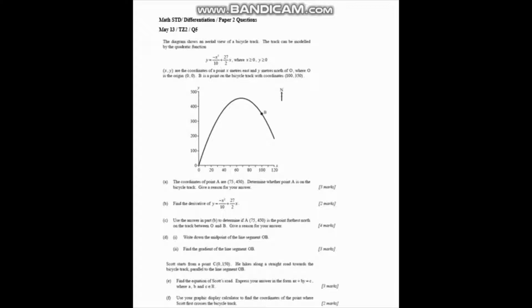So you are given this function y equals negative x squared over 10 plus 27 over 2 in the domain x greater than 0 and the range y greater than 0. And in A you are told that the coordinates of point A are (75, 450).